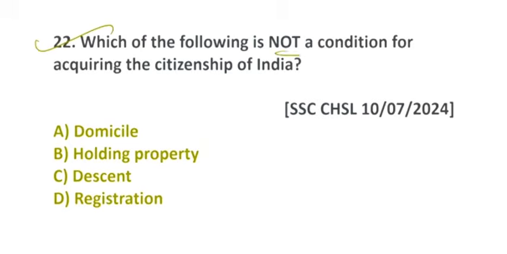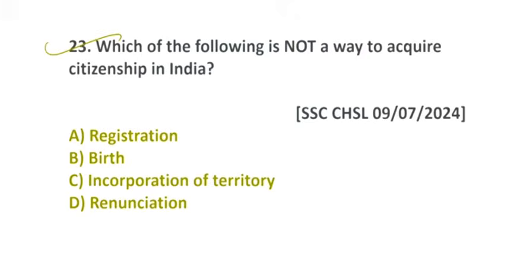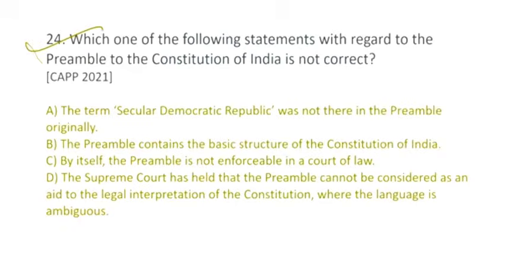22. Which of the following is not a condition for acquiring the citizenship of India? Option number B, holding property. 23. Which of the following is not a way to acquire citizenship in India? Option number D is the correct answer, renunciation. 24.